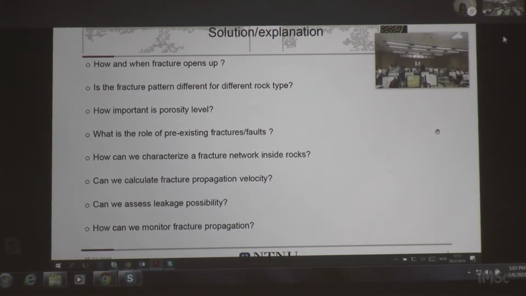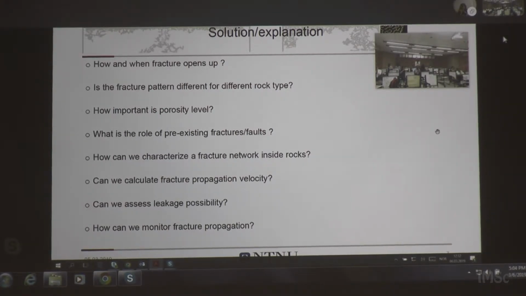So what would be the solution or explanation of the problems I just presented? It is linked to fracture things: how and when a fracture opens up. Is the fracture pattern different for different types of rocks and field conditions?